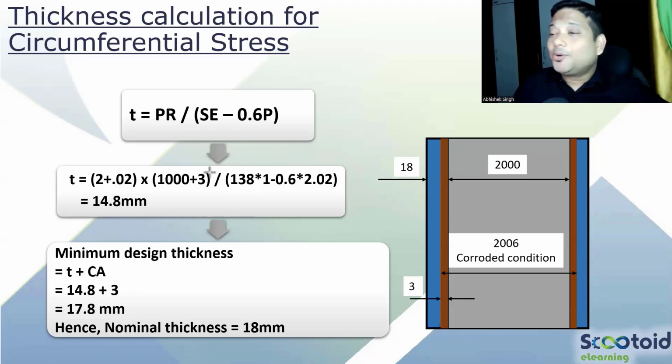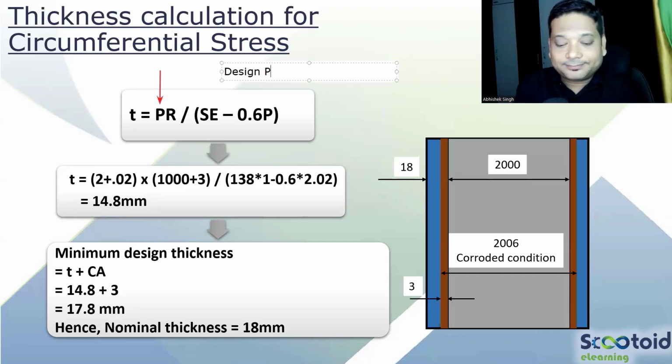Now, if we talk about this pressure again, let us try to build MAWP and MAP from here itself. What is this pressure? We earlier spoke about it: it's the design pressure plus static head, right? Simple.